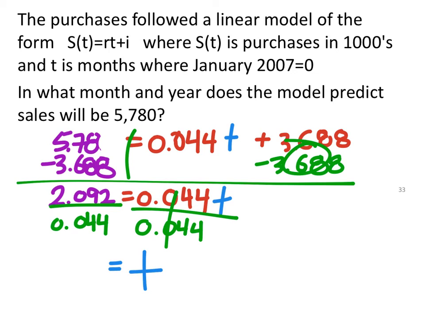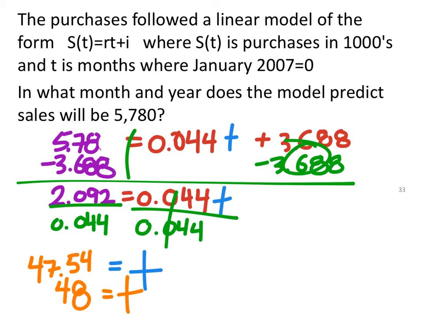So t, this is the month, right? 2.092 divided by 0.044 in my calculator. And, well, maybe we'll round it. It's 47.54. So we'll just round this up to 48 months, okay? So say t equals 48.